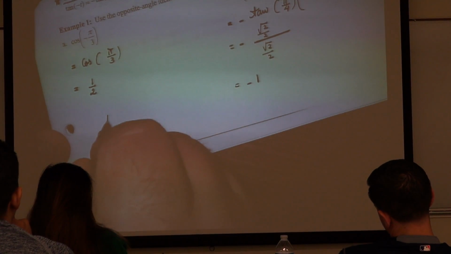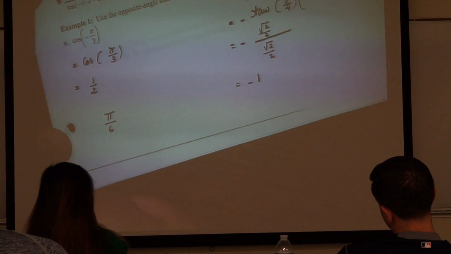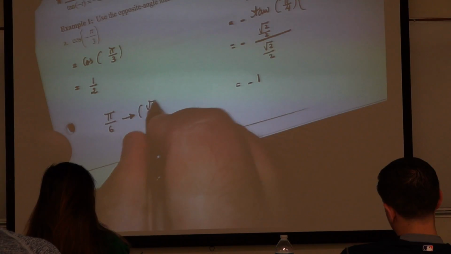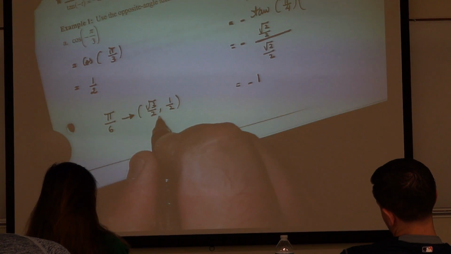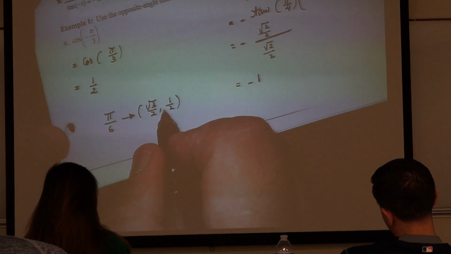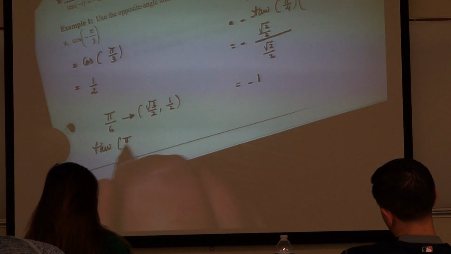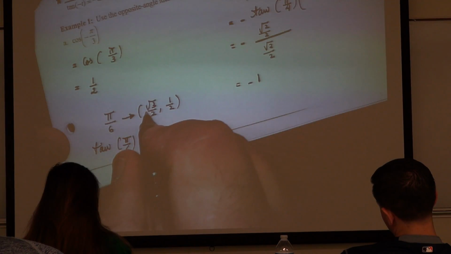Also, if you see pi over 6, okay? Pi over 6 is associated with square root of 3 over 2 and 1/2, right? The x being the cosine and the y being the sine. So tangent of pi over 6 is sine over cosine, right?